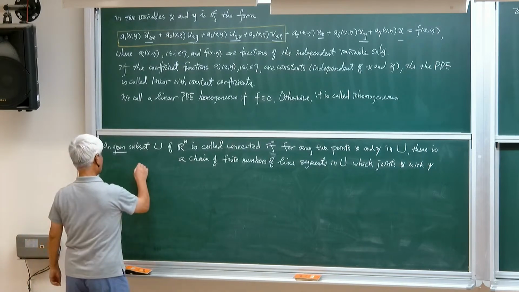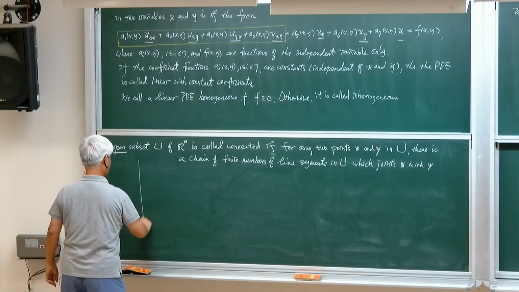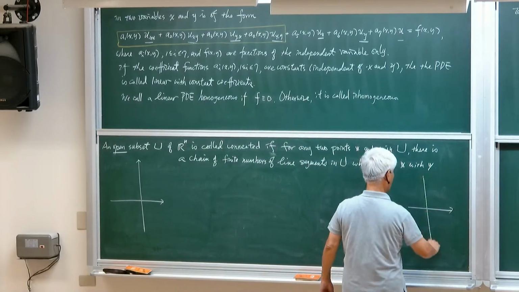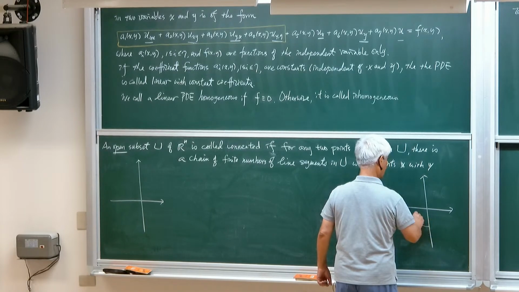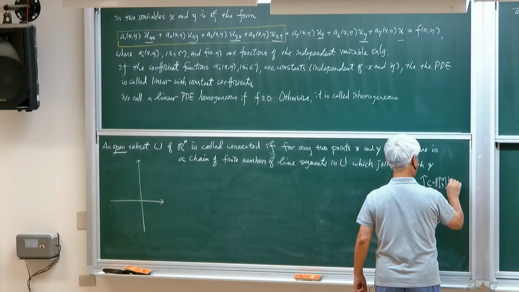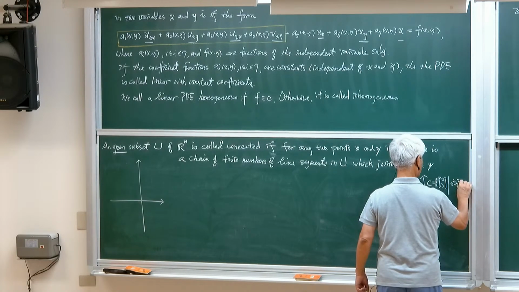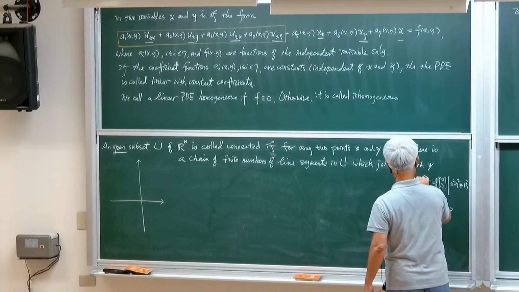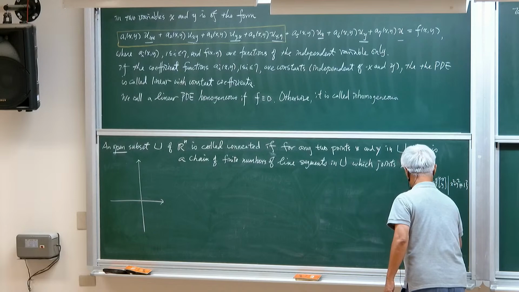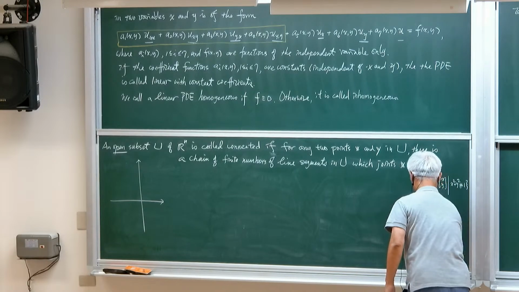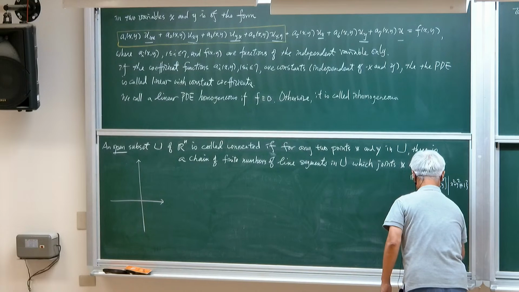Okay, and so any open set? Because if it's not open, just like a circle C, the circle C is not an open set, a subset of R2.